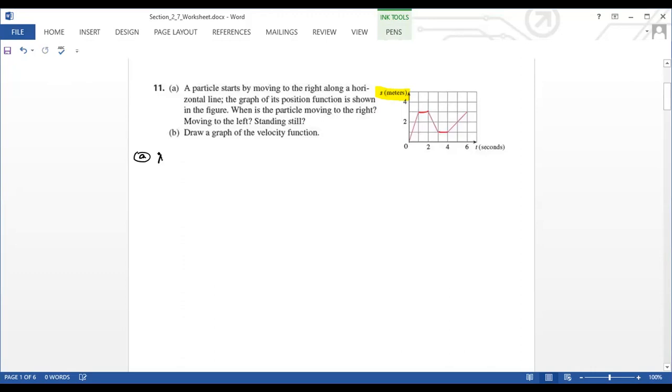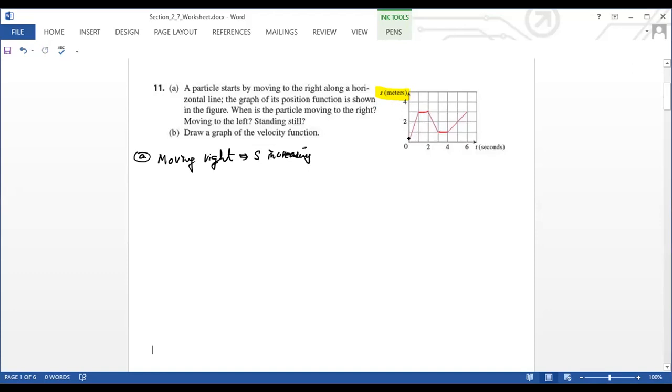Let's take a look at moving to the right. You start at 0, then you go 3 meters. I know I'm moving to the right, which means the meters are increasing.